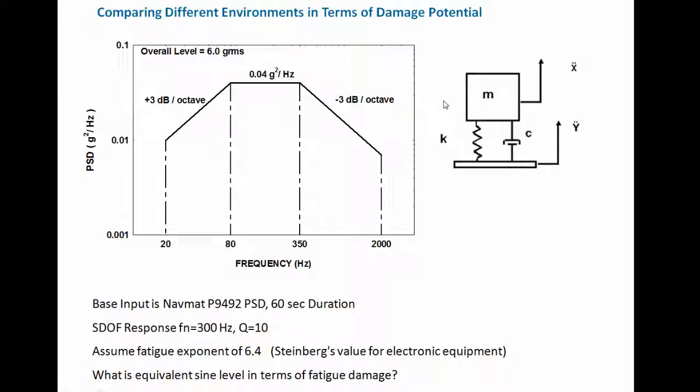Once we've calculated that damage value, then we're going to come up with an equivalent sinusoidal input, a pure sine tone at the fundamental frequency that would cause this system to have the same amount of damage as it would if it were exposed to this NavMat PSD. So I've thrown out quite a few things at you, but as we go along in the exercise, it'll become clear what this is all about.